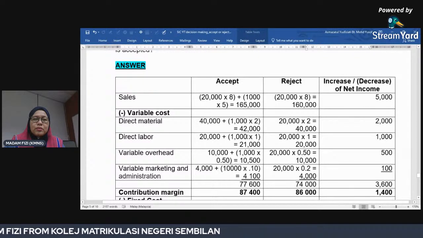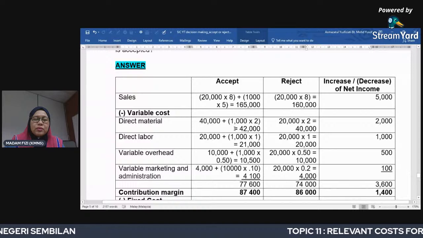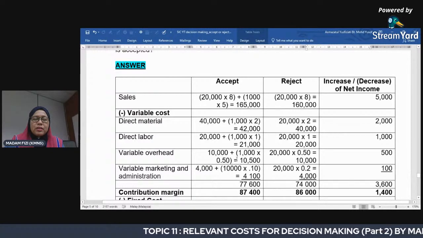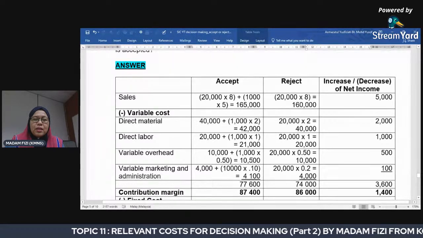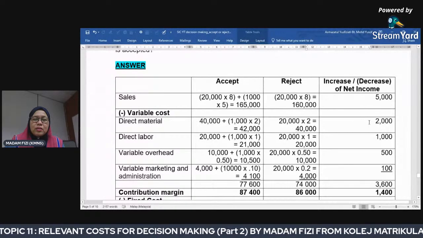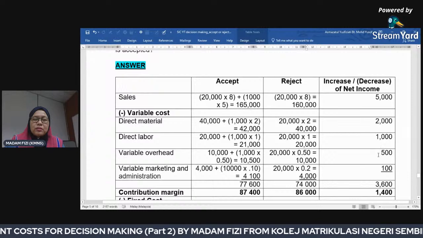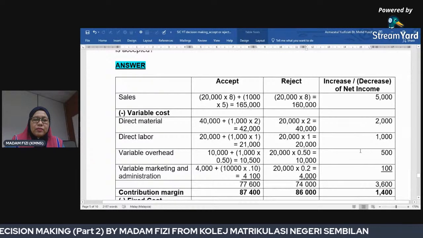So for direct material, the answer is 42,000. For direct labor it is 21,000 and for variable overhead it is 10,500. And the differences are 2,000, 1,000 and 500 respectively.